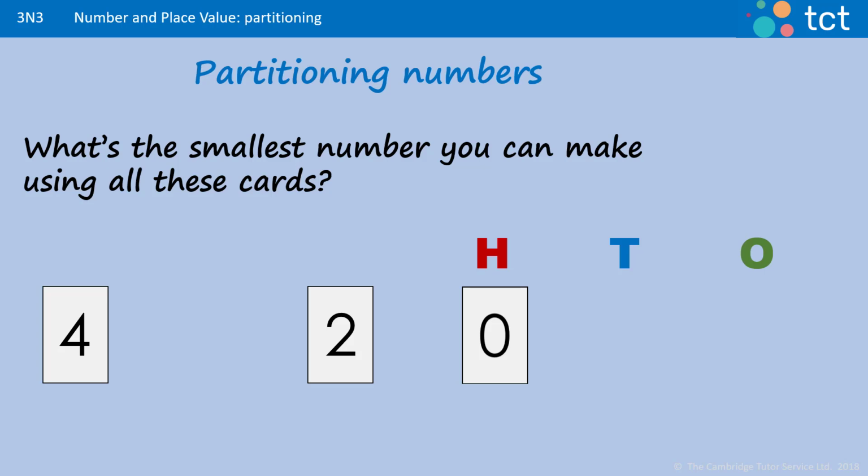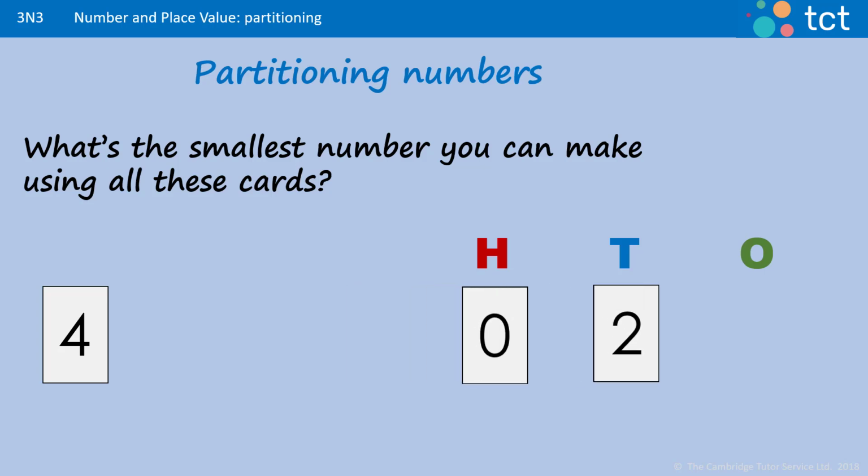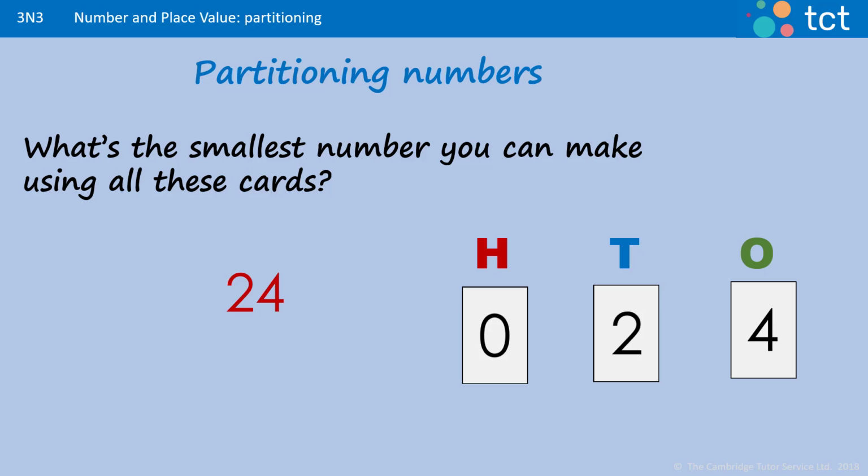I have no hundreds. The next smallest digit is the 2, and I'll put that in the tens, and I'm left with the 4, the highest value digit, and that goes in the ones. Because there's nothing in the hundreds, I have the number 24. So even though there are 3-digit cards, you can sometimes make a 2-digit number.